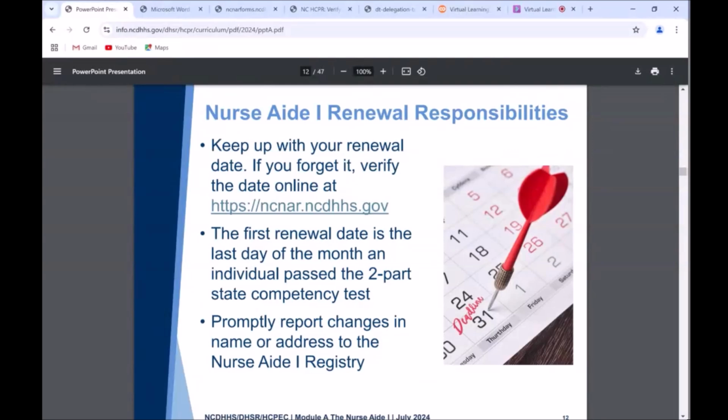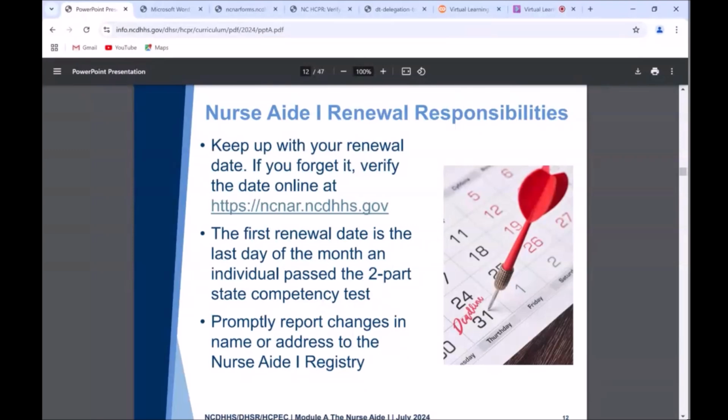The 2-year renewal period ends or expires on the last day of the 24th consecutive month. For example, if your initial registry listing date is 10/22/2024, then your 2-year renewal date is going to be 10/30/2026. You need to remember to submit your renewal listing about 3 months before the date your listing expires.